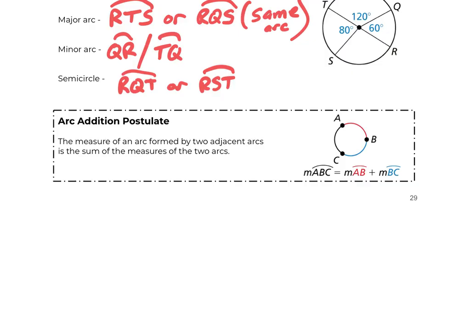We could do the same thing for arcs. ABC, this whole thing right here, would be the sum of AB and BC. So if I added arc AB and arc BC together, it would add up to be arc ABC. So adding up two smaller arcs together makes the larger arc.